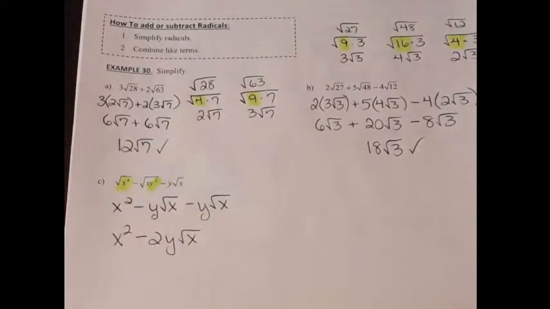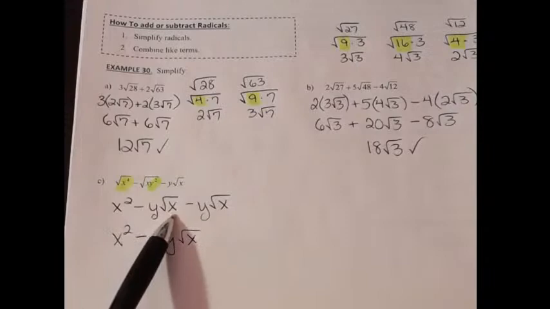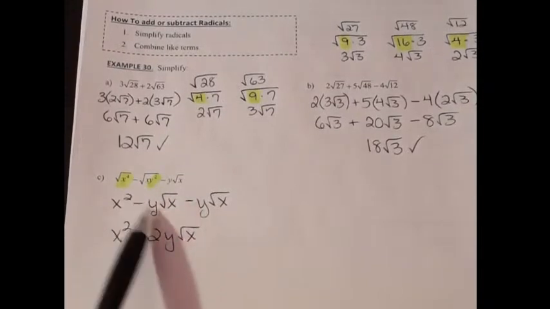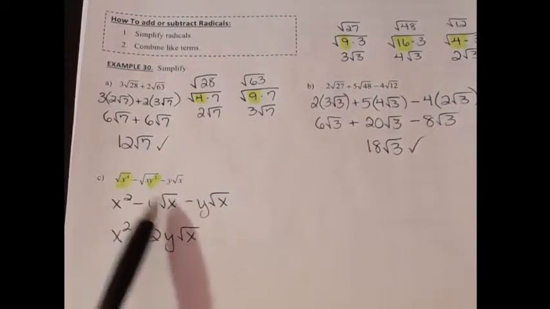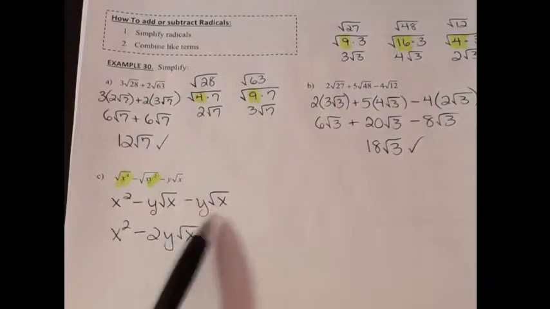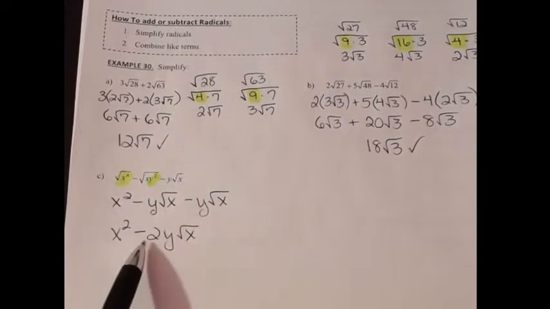It's interesting because the entire set here, this y square root of x, these variables that are associated with each other, because they're exactly identical, that's what lets us combine these coefficients.